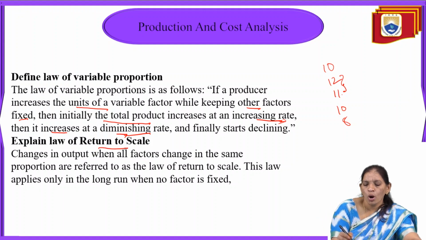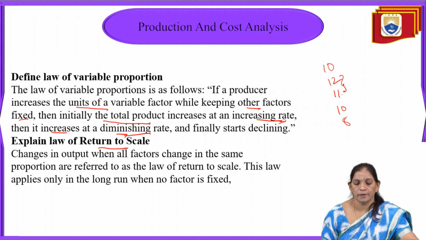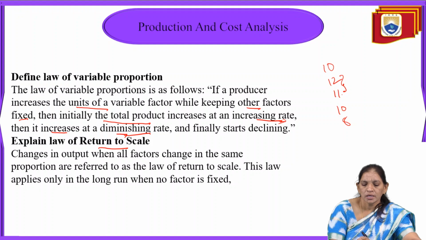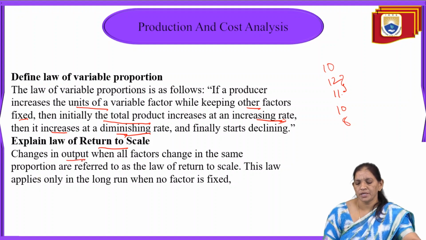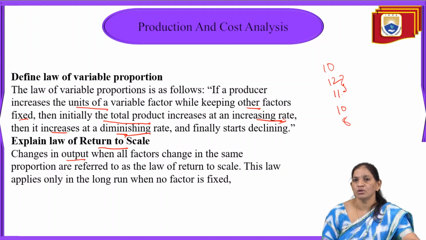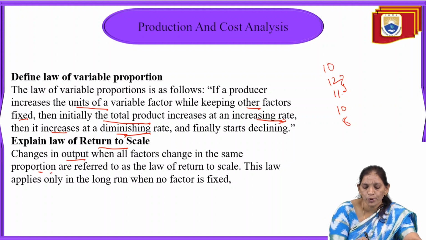Explain law of returns to scale. The law of returns to scale is a long run law. In production analysis, it is explained as the change in output that takes place when all factors change in the same proportion.